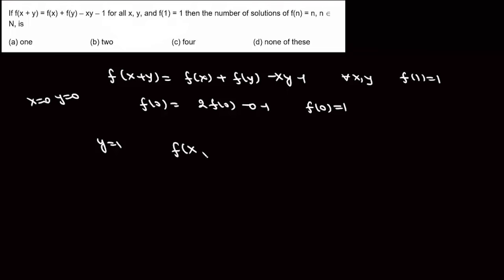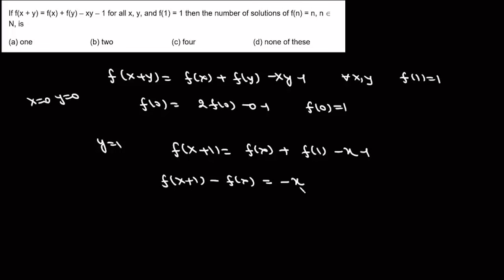So we'll get f(x + 1) = f(x) + f(1) - x - 1, or we can write f(x + 1) - f(x). Now f(1) is 1, so it will be simply -x.